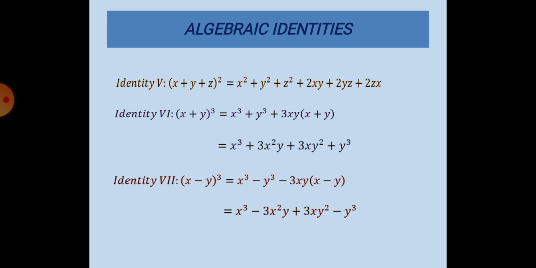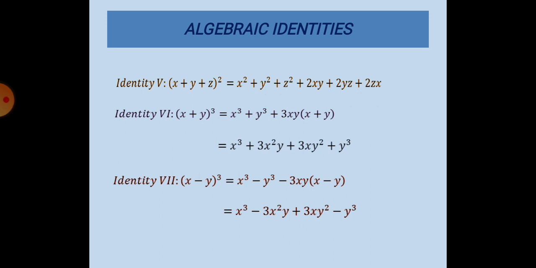See children, in the first step, y cube is beside x cube, and in the last step we have written it last. We have written it to remember the formula easily, that the first is plus minus plus minus. Formula is same for above and below, but the signs are alternate.